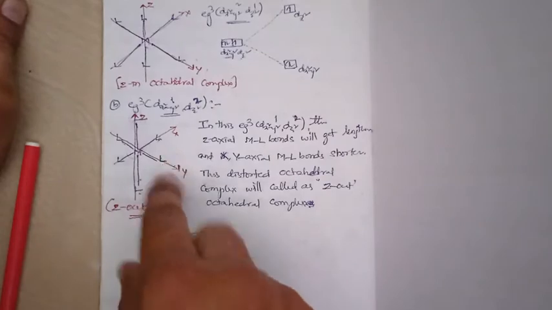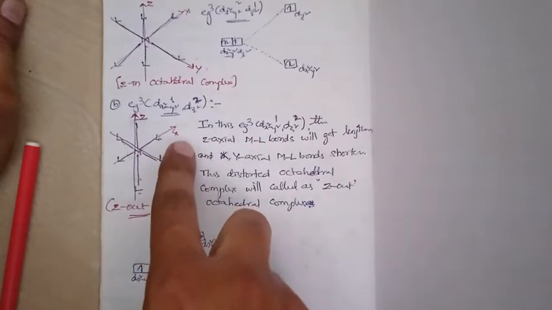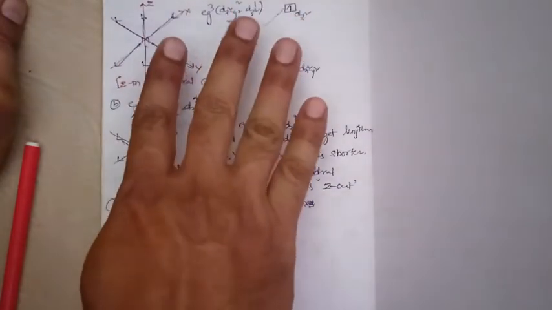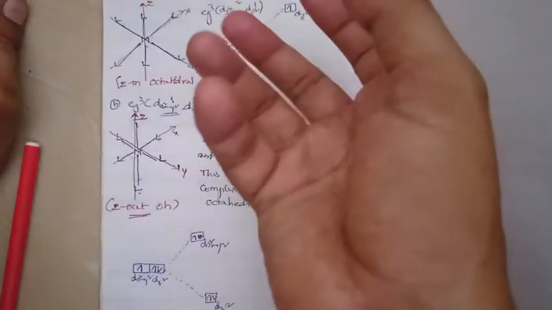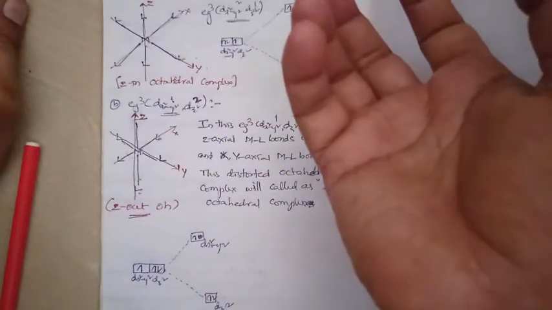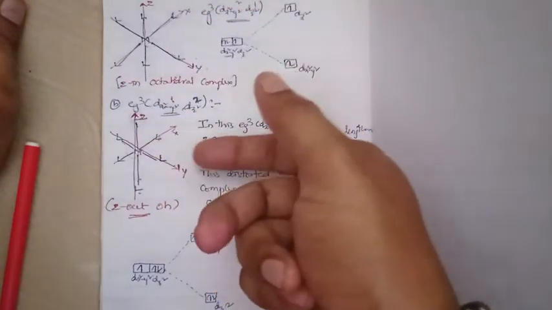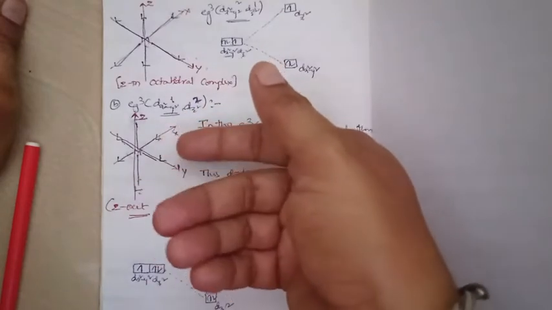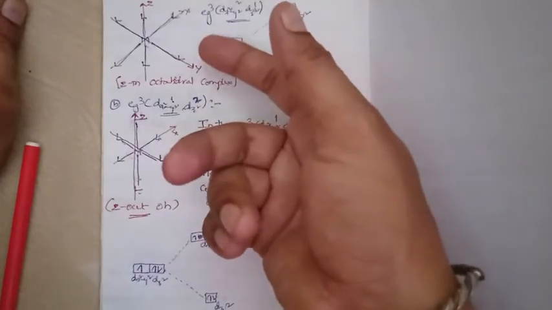Having 4 stronger bonds and only 2 weaker bonds, this could be a very possible structure, rather than this one having 4 weaker bonds, right? Naturally, what is stronger can exist more effectively, right? So in these two cases, this one has more stronger bonds, so this would be a more stable structure than the Z in structure.